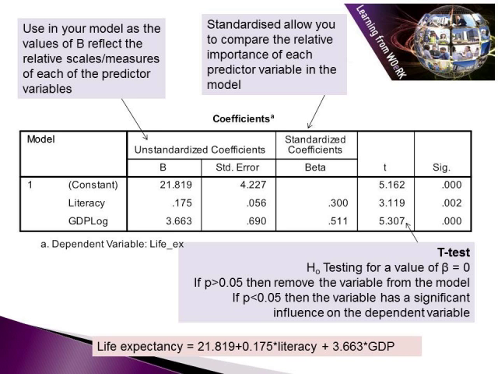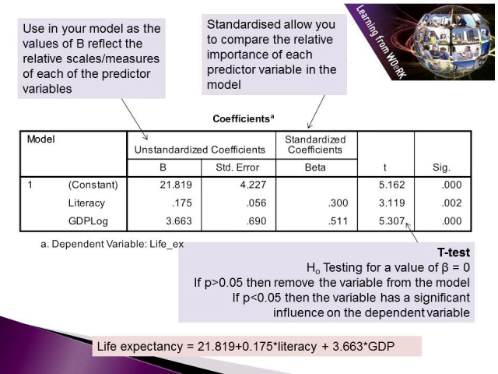If the p-value that we gain from our t-test is greater than 0.05, then we remove the variable from the model. If our p-value is less than 0.05, then the variable has a significant influence on the dependent variable, so we keep it in.